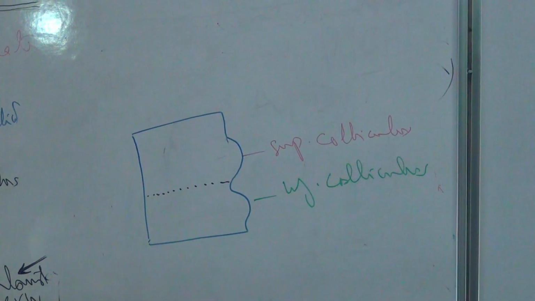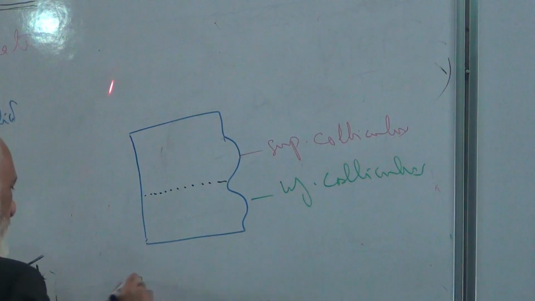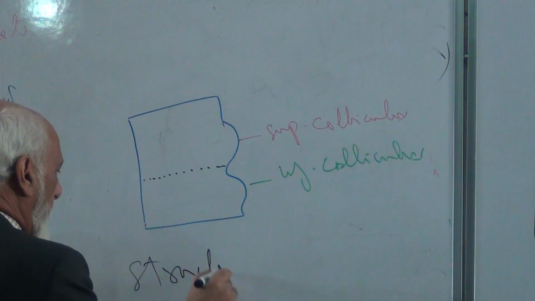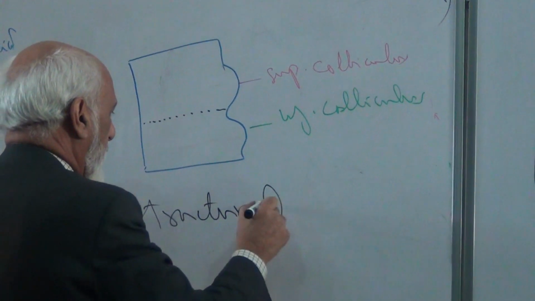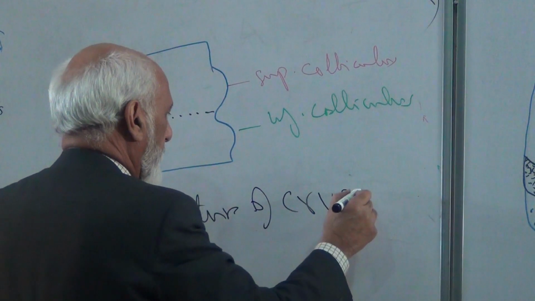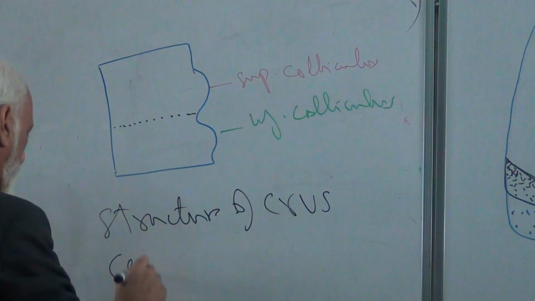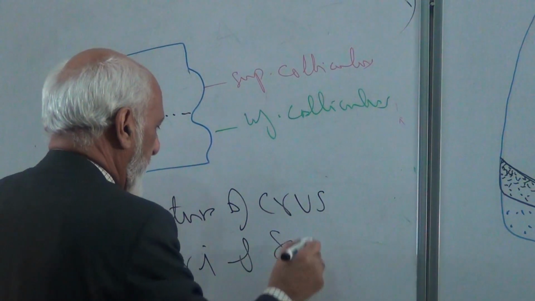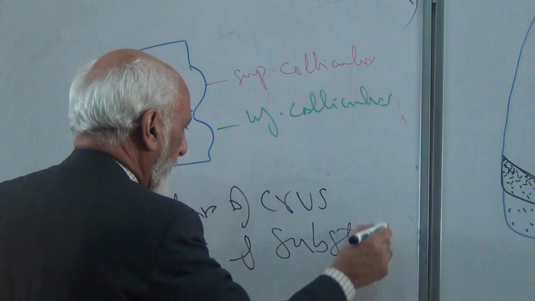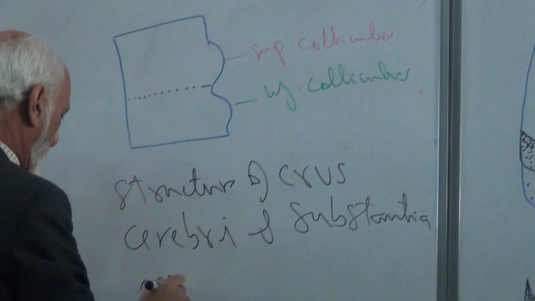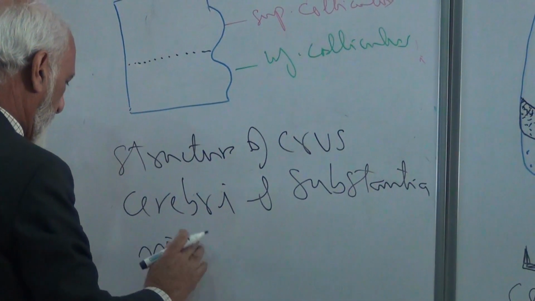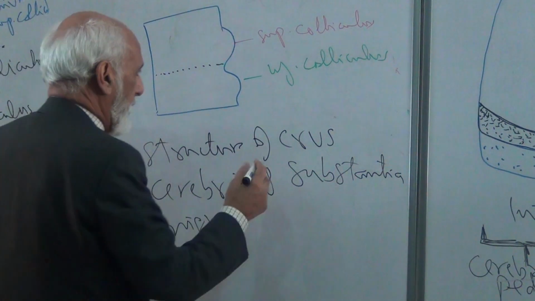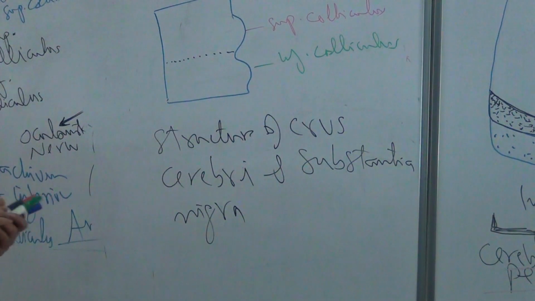But the structure of crus cerebri and substantia nigra are the same at both levels.